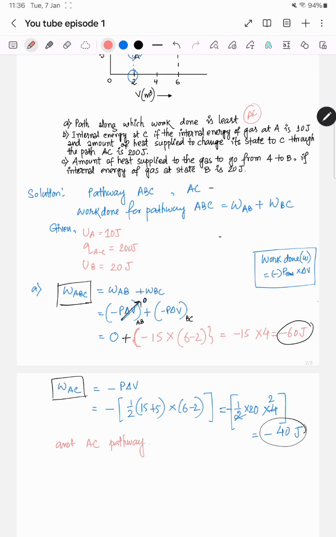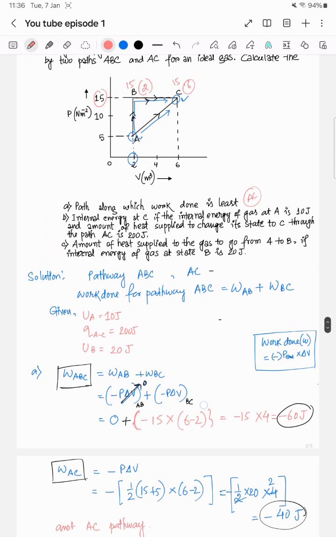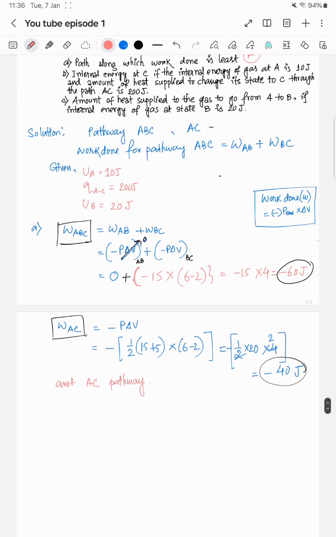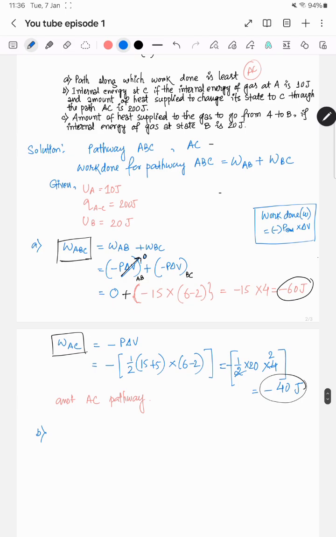Now the second one, internal energy at C, if the internal energy of the gas at A is 10 joule. So we have already written U at point A is 10 joule, and now we have to calculate the internal energy at C. What is given?